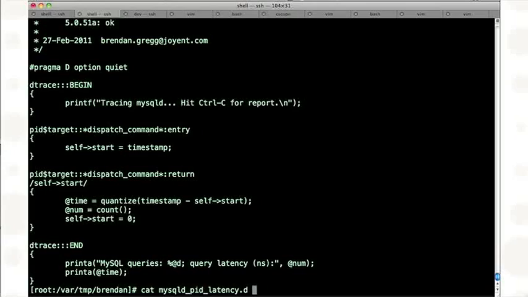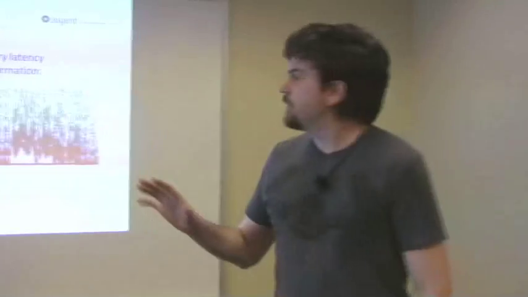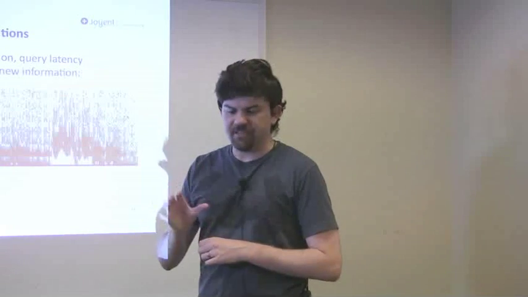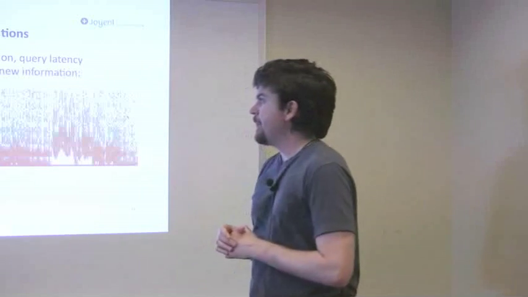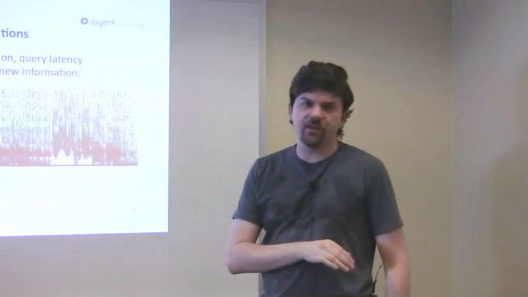That distribution plot I was printing out was summarizing from when I hit enter to when I hit Control C. So 10 seconds or so was summarized in one ASCII distribution plot. What we find is that distribution can change over time.